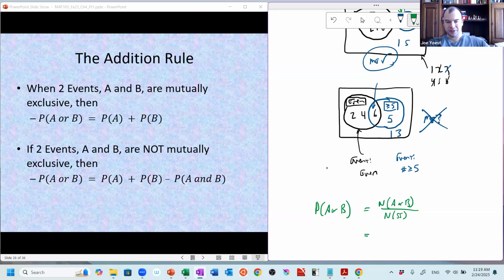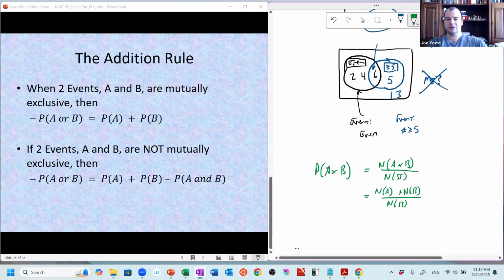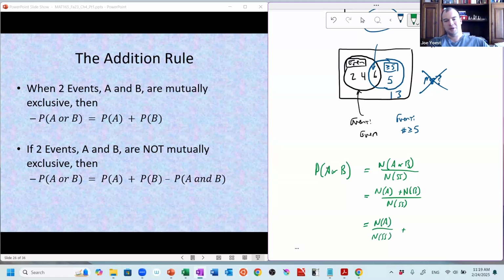Well, if I say maybe that's just the number in event A plus the number in B over the number in the sample space, right? That would be number in A over number in sample space plus number in B over number in sample space, or that would be probability of A plus probability of B.